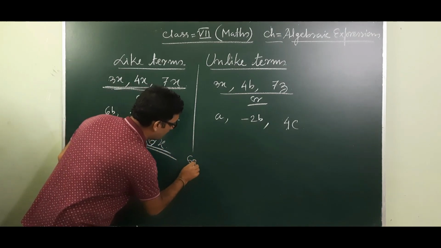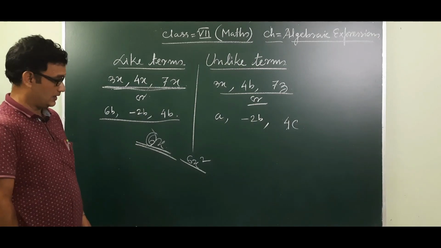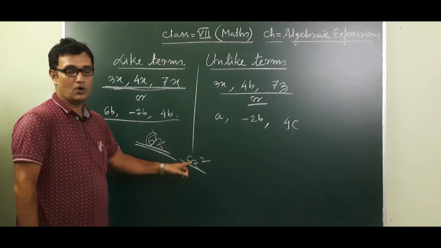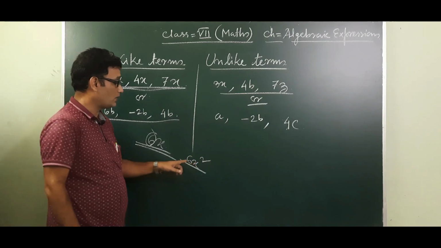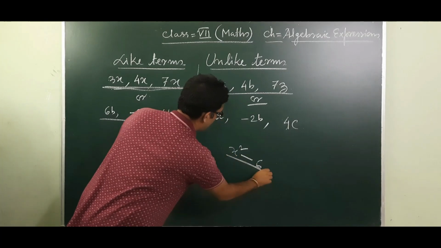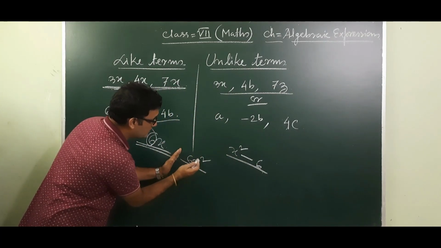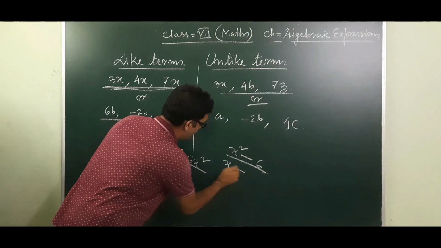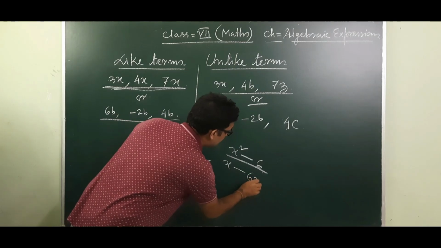But if here 6x square is there, and if I ask you what is the coefficient of x square, then your answer will be 6. But from this same question, if I ask you what is the coefficient of x, at that time your answer will be 6x.